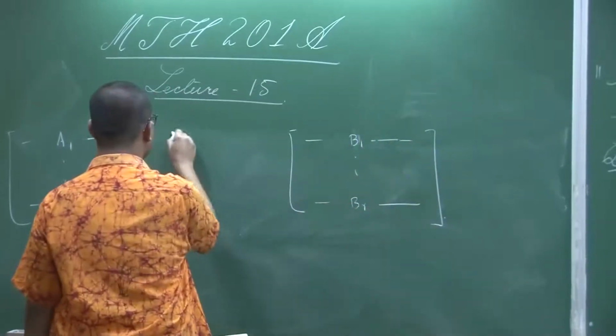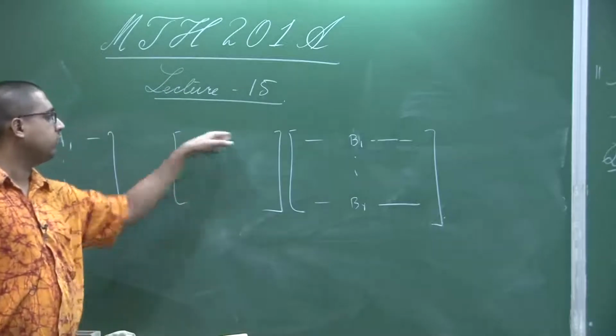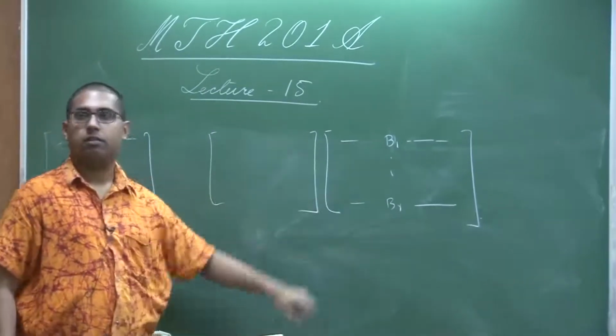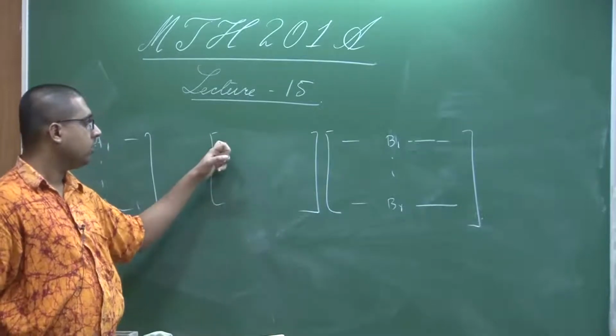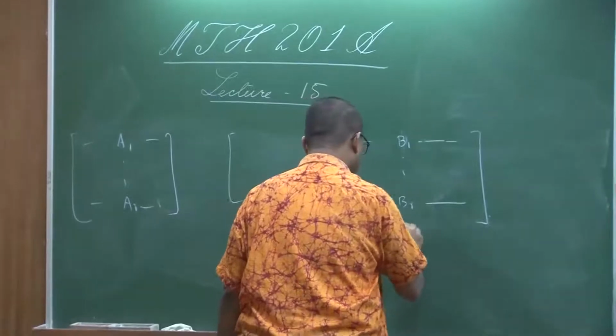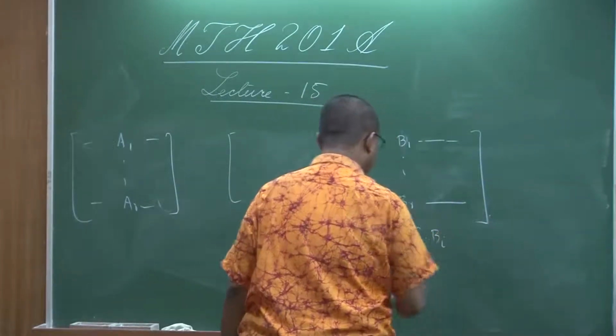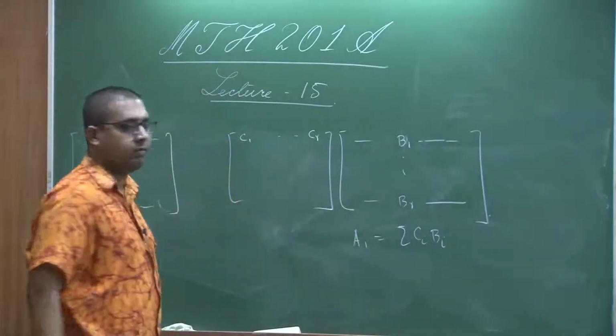So we consider another matrix whose first row will be the scalars. If A1 is the sum of Ci Bi, then we write C1 up to Cr in the first row of the matrix.